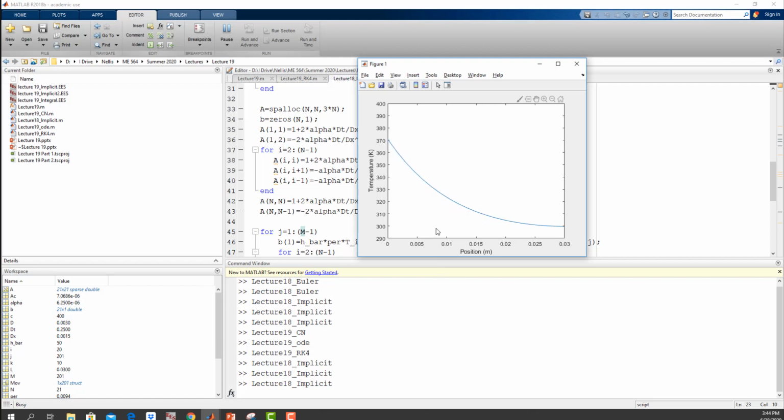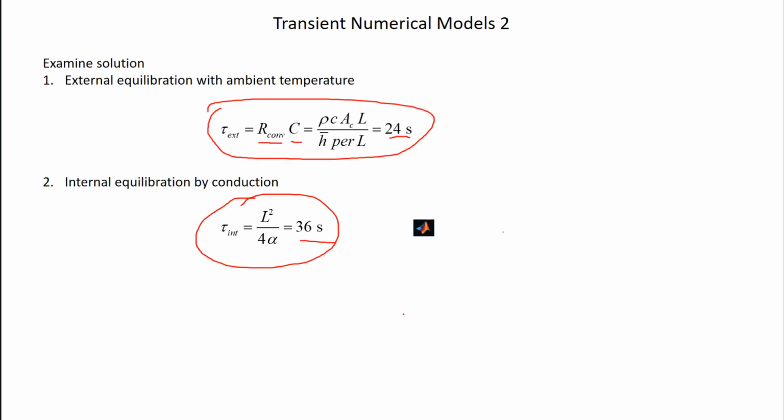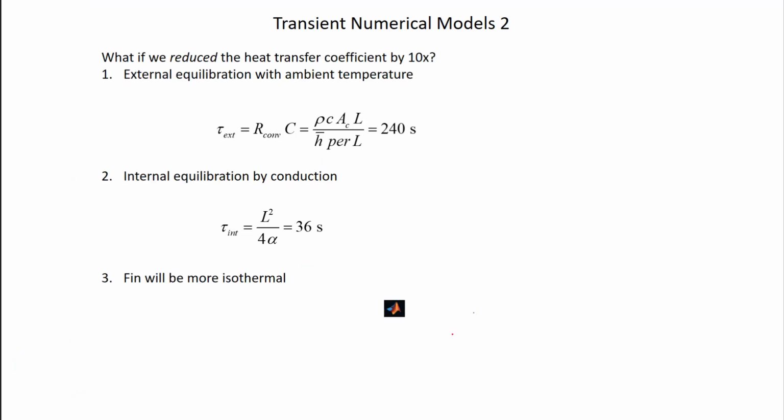So we can start to think about what this might look like if we changed some of the parameters in the problem, right? So, for example, what if we reduce the heat transfer coefficient by a factor of 10, right? If I look at these two equations, reducing the heat transfer coefficient is not going to change how long the internal equilibration process requires, right?